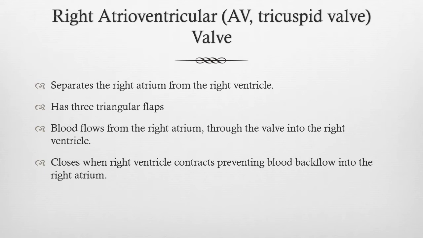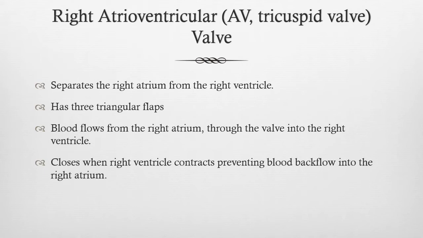When the ventricle contracts, the ventricle is going to generate a lot of pressure inside there, and that pressure is going to want to go to an area where there's low pressure. Well, the atrium is relatively low pressure, almost zero. And so if we've got high pressure in the ventricle and low pressure in the atrium, the blood's going to want to go to the atrium.